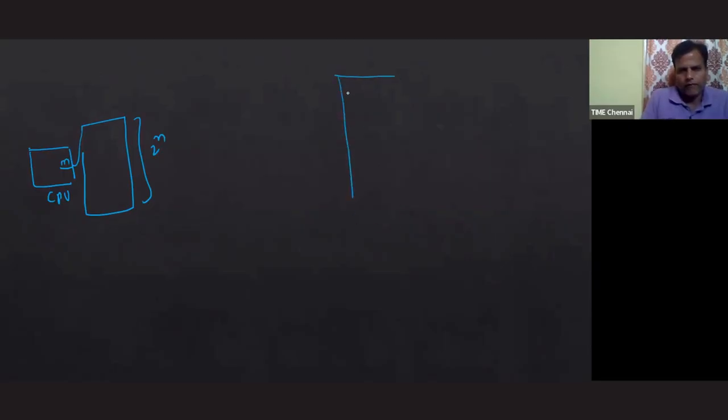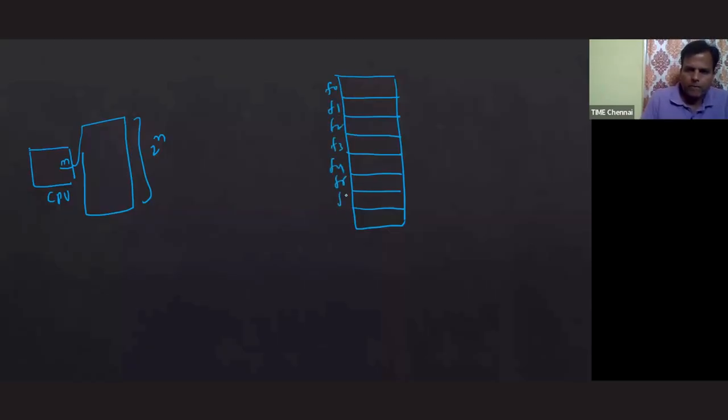This is the CPU, an n-bit CPU, like 16-bit, 32-bit, like that. And the maximum process size you can run is 2 power n. This is main memory, which is already divided into frames.